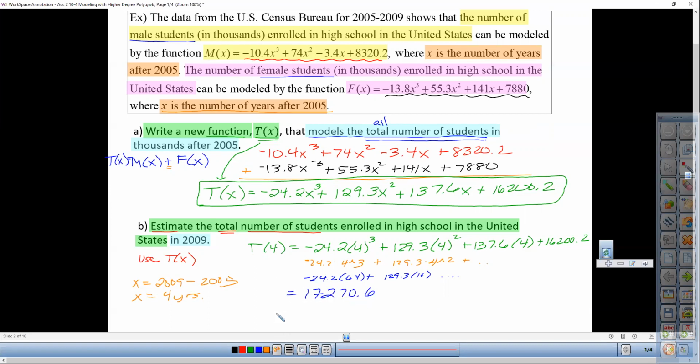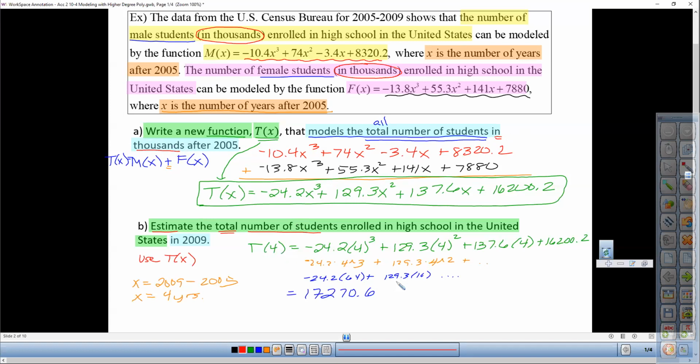Well, you remember how it said up here that M of x was male students in thousands, and f of x is female students in thousands. Well, that means that our t of x is total number of students in thousands. And it actually says it right here, but doesn't always do that for us.